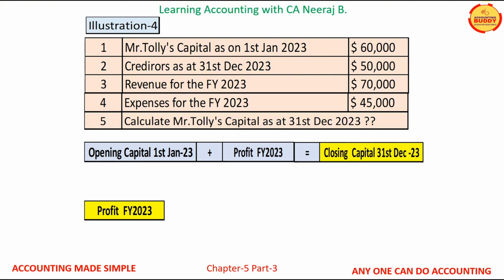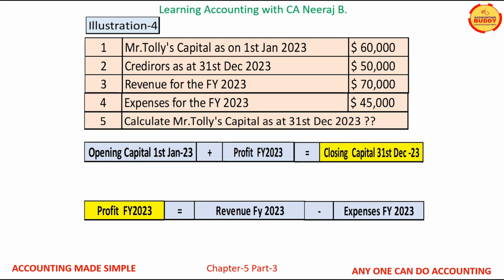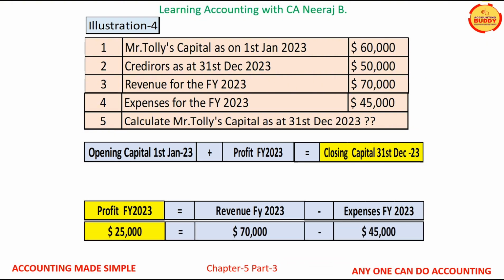Profit for financial year 23 will be equal to the revenue for the financial year minus the expenses for the financial year. Now if we deduct expenses of $45,000 from the revenue of $70,000, we will get the profit of $25,000 for the year 2023.